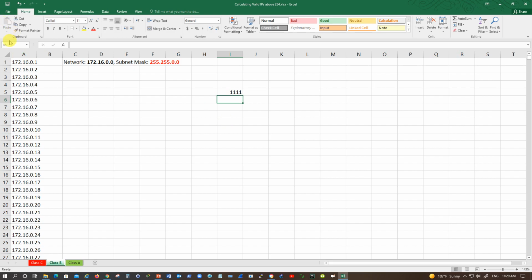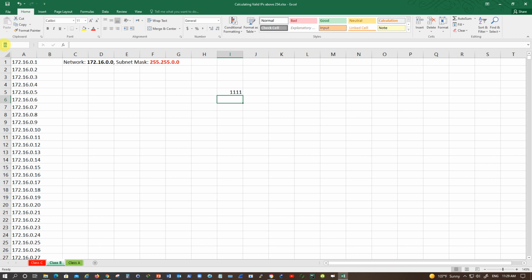One method, if you have already prepared an Excel sheet for any class B network, is to use it. It's difficult to carry everywhere, and you are dependent on a computer to open the file, or you have to copy it to your smartphone and search for it. It's really difficult, but this is one of the methods you can use.